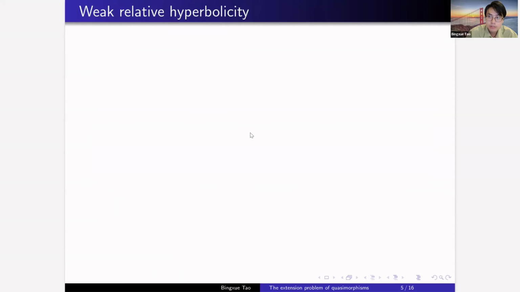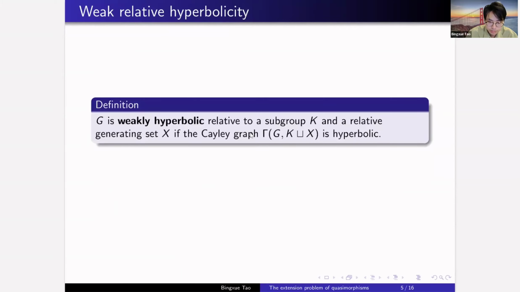So first, let me introduce the weakest relative hyperbolicity, which is just to define G is weakly hyperbolic relative to a subgroup K and a relative generating set X if this Cayley graph is hyperbolic.